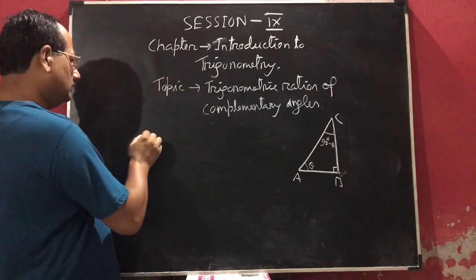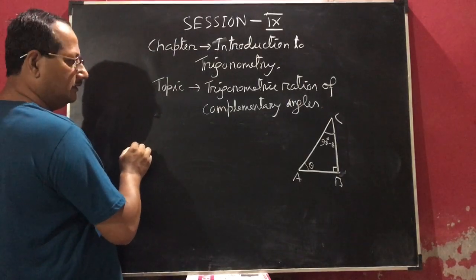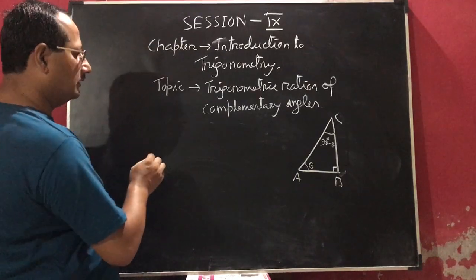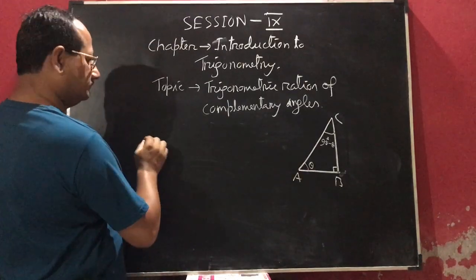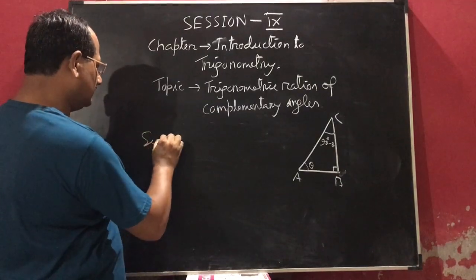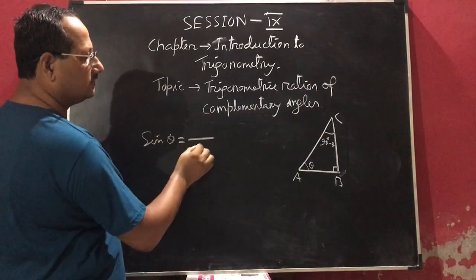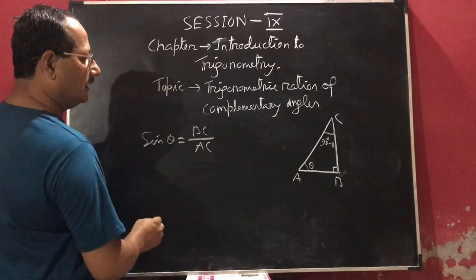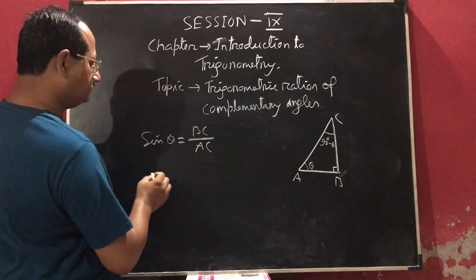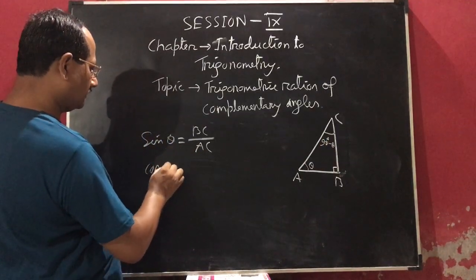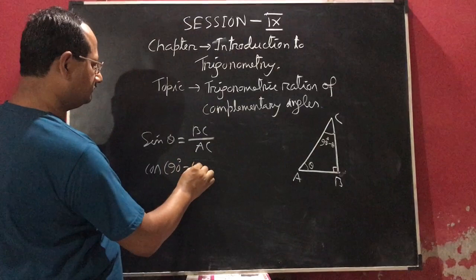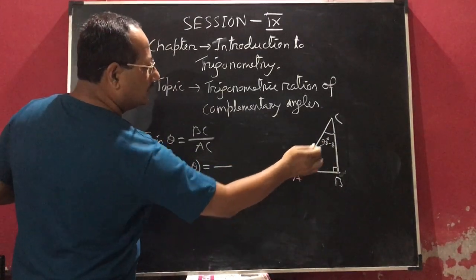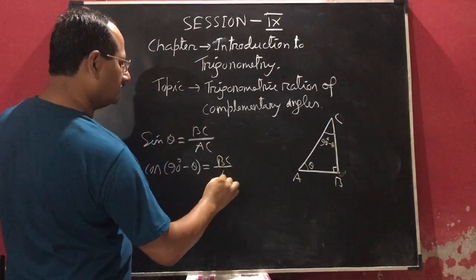Here you see, for the angle theta in this triangle, sin theta is what? The ratio is BC by AC. And for the angle 90 minus theta, cos of 90 minus theta is also BC by AC.